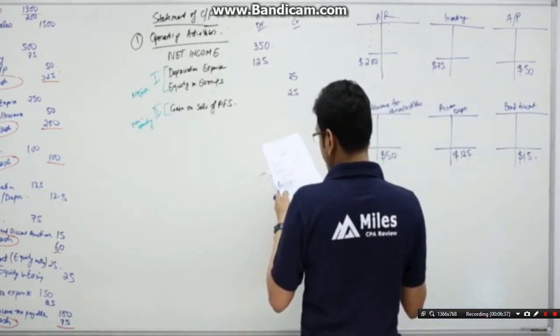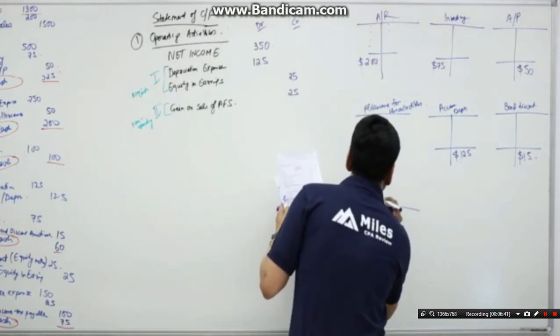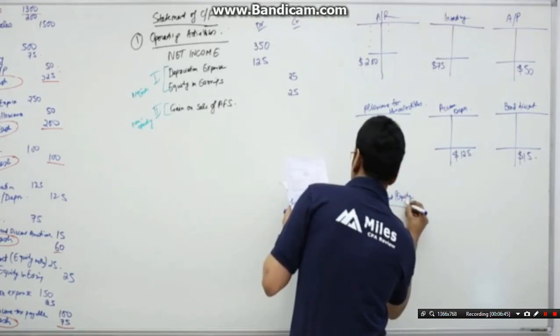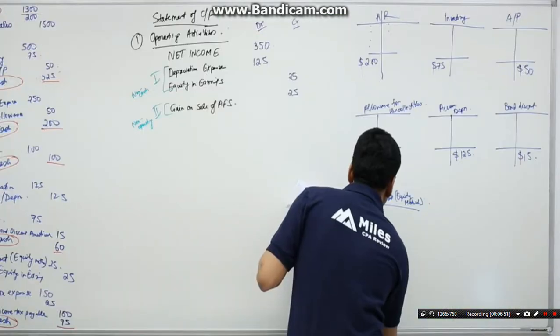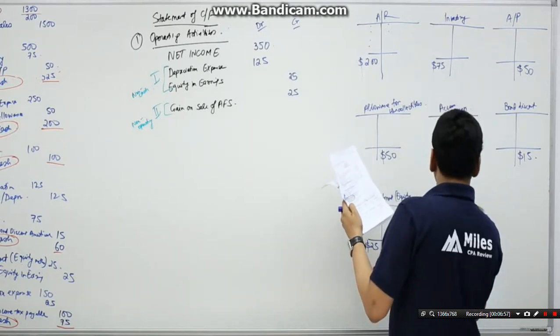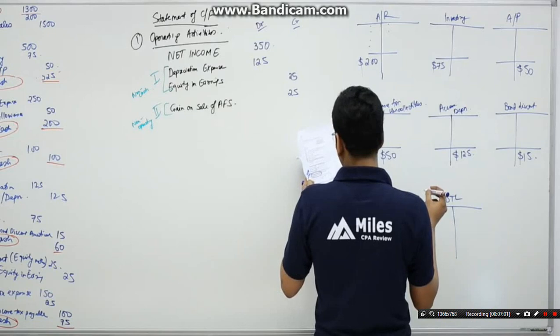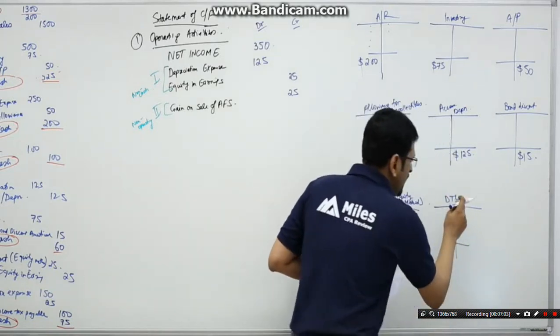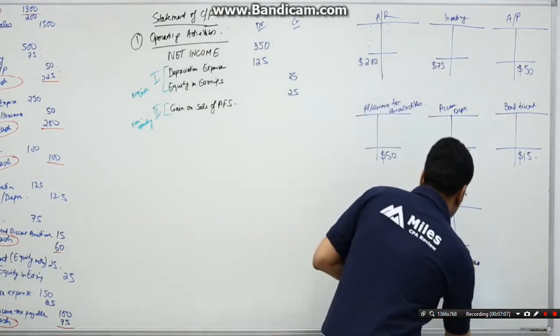Then you have increase in investment under the equity method. Investment, we're looking at the equity method investment. And that increased by $25. Then you have decrease in deferred tax liability, and that was $25. Liability, that's a credit account. A decrease in liability means debit, 25.